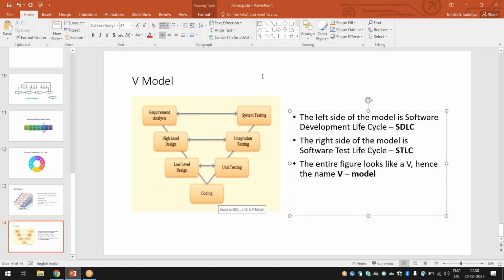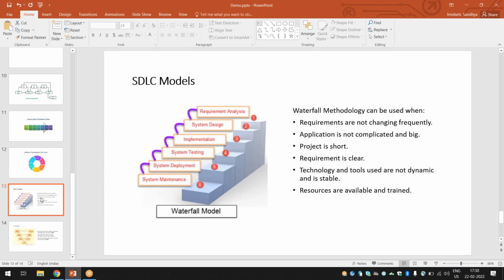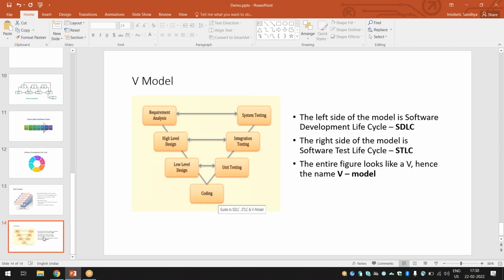Our test manager and high level management people will be referring to that. So that's the reason the cost of fixing defects will be very low in the V model compared to the waterfall model. And our high level management people also decide based on the time, the requirements, the budget and also the resources.